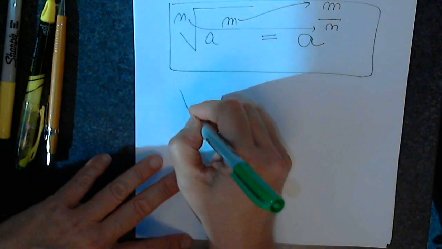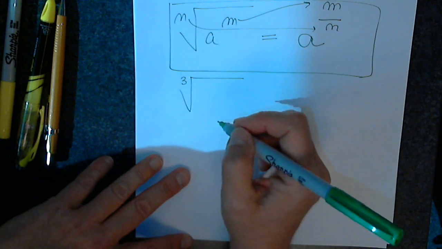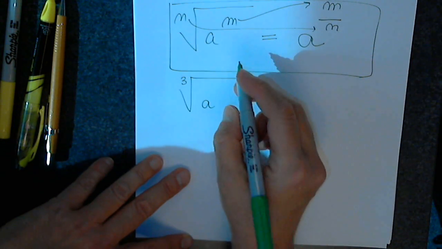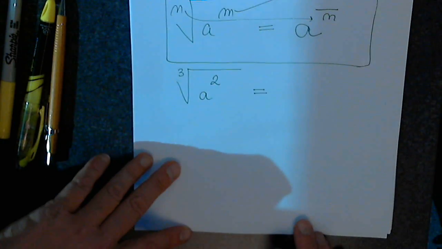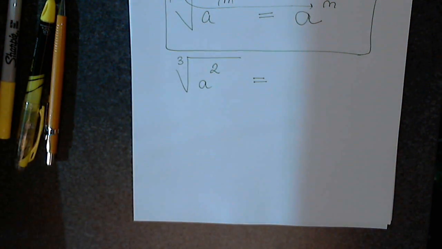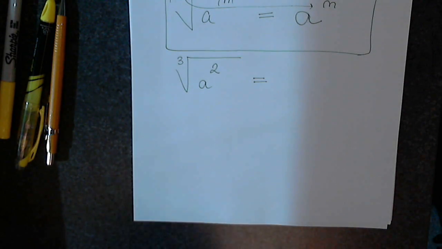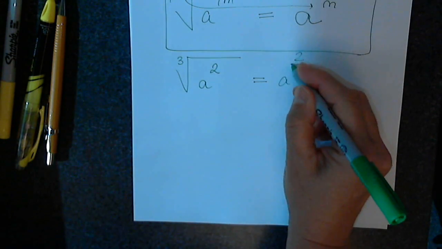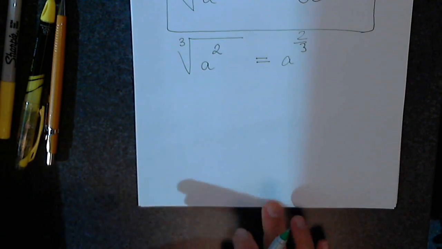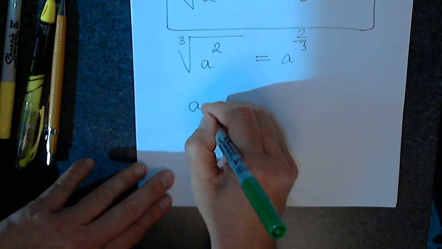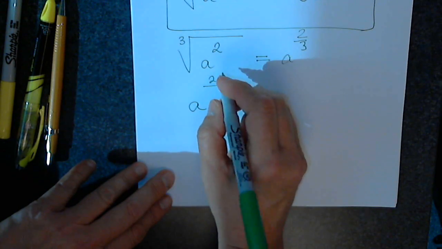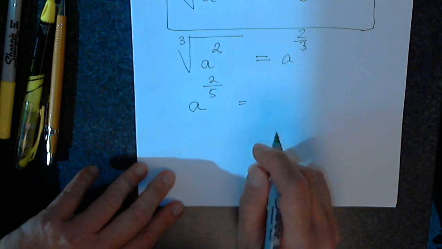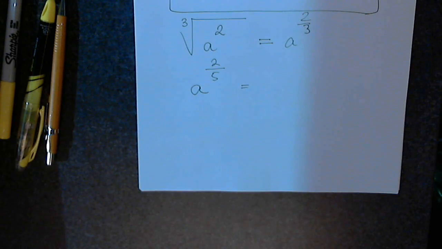So if I say the cube root of a to the second power, can anyone change this into an exponential notation whose power is a fraction? What if now I ask, please change a to the 2/5 into a root?